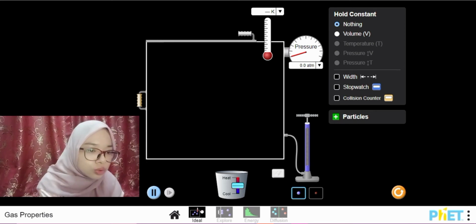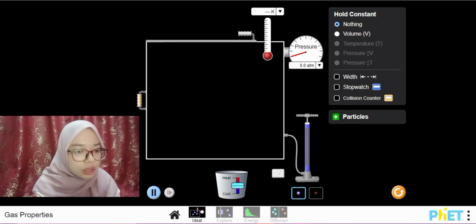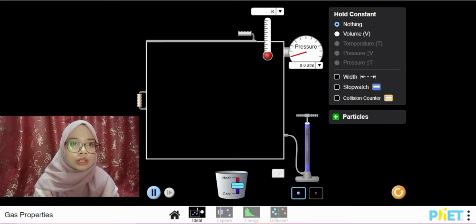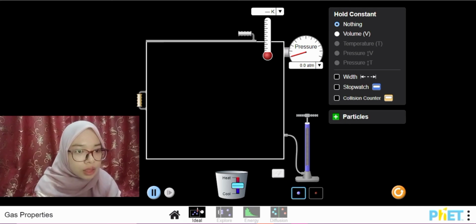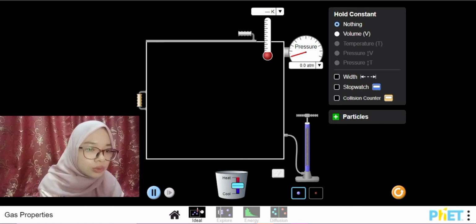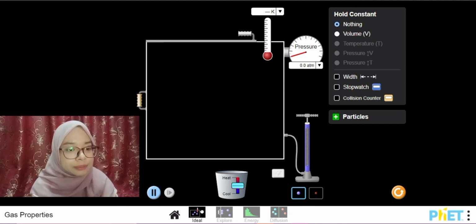The stopwatch records the time, and the collision counter counts how many particles collide with the wall of the container. Besides, we can also choose between these 5 to hold constant according to our experiment.